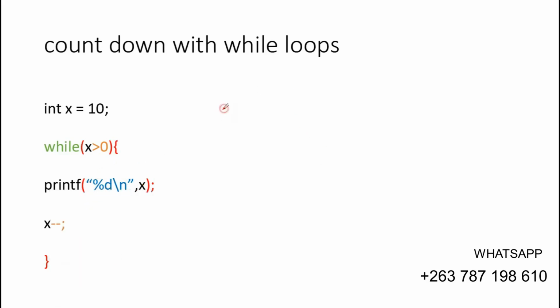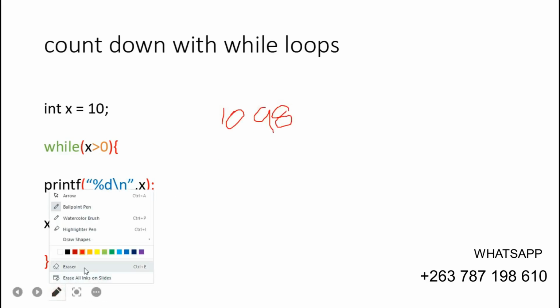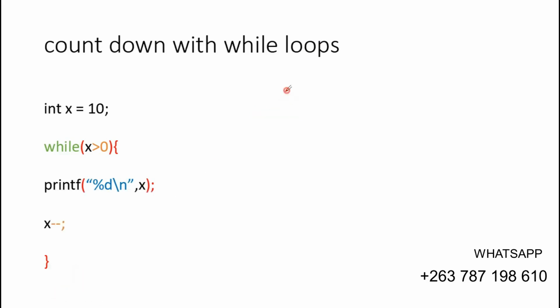Without the \n it would print 10, 9, 8 all together, but including this \n, it would print 10, and then 9 starts on a new line. So that's the purpose of \n, the newline character.